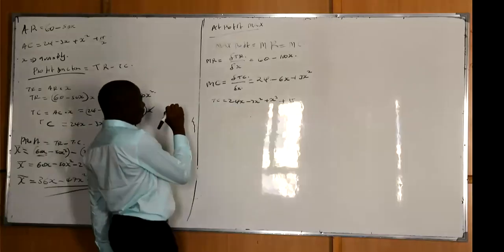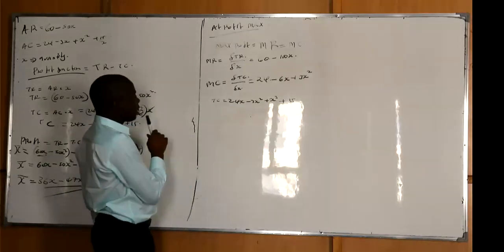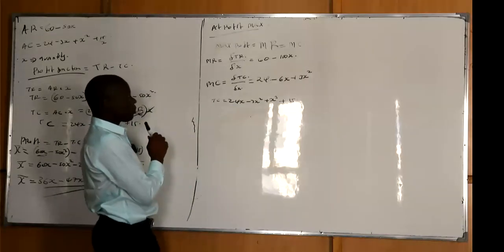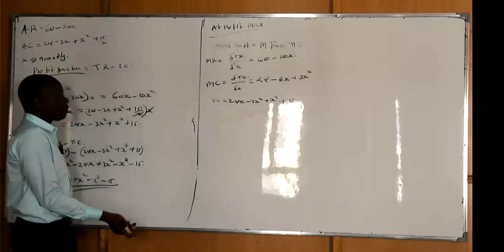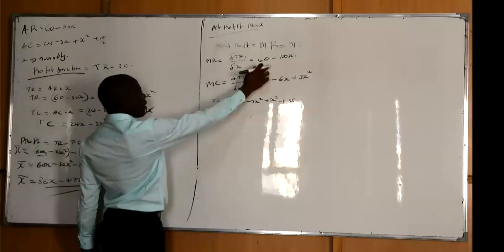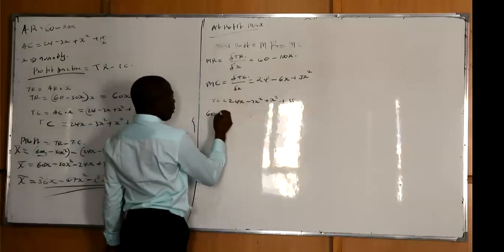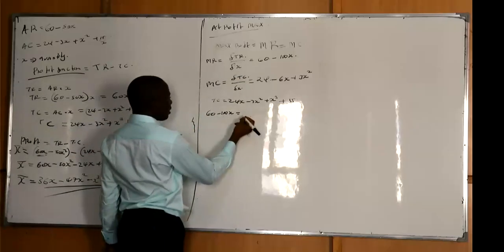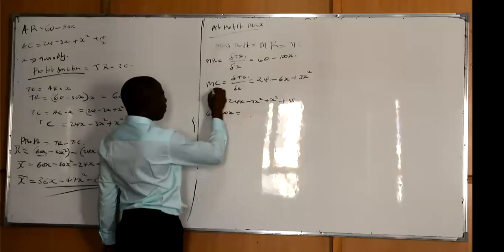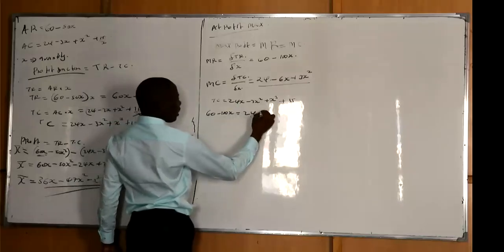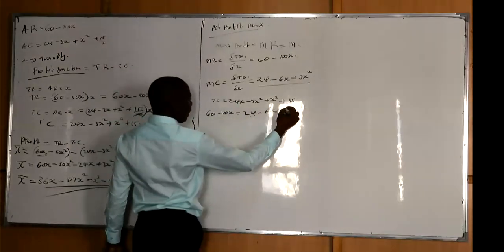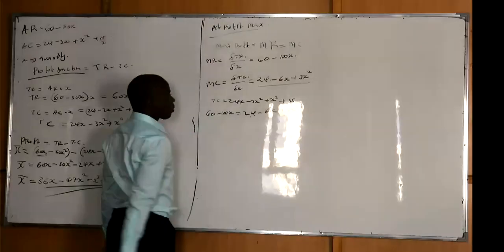So at maximum profit, marginal revenue is equal to marginal cost. The marginal revenue function was 60 minus 100x, which equals the marginal cost function we have found here, which is 24 minus 6x plus 3x squared.